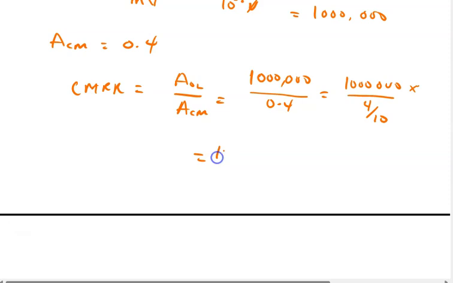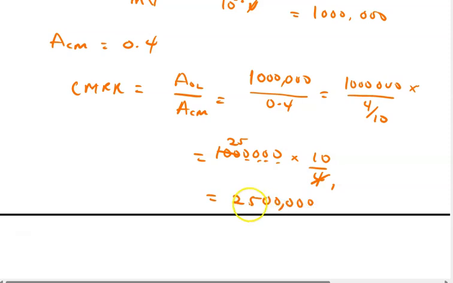So we have 1 million times 10 divided by 4. 4 goes into itself 1. 4 goes into 10, 2 times, and 4 goes into the remainder 5 times. So at the end, we have 25, and the zeros, 1, 2, 3, 4, 5.